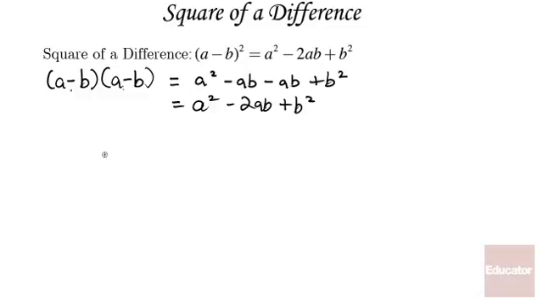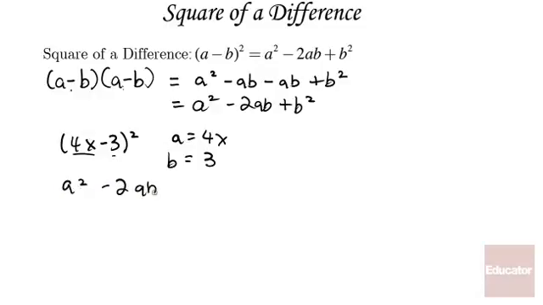Applying that to an example, I could use 4x minus 3 squared. So I look at this, and I need to figure out what my a is, and it's 4x. b is 3. It's not negative 3, because the negative is already accounted for in the formula, so b is just 3. I go ahead and plug these values into this formula, a squared minus 2ab plus b squared.